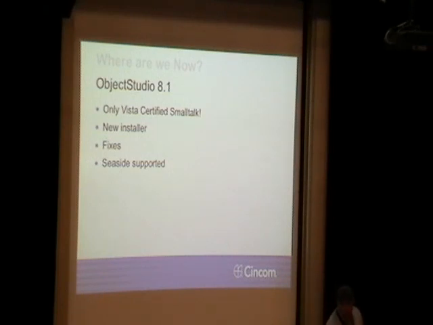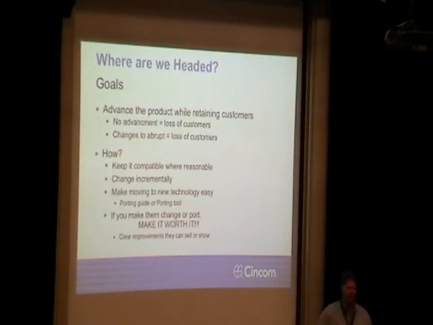Where are we headed? Well, if I back up from my position as product manager, I have to think about some of the goals of where we want to go and what we want to accomplish. One of those goals is that I want to move the product forward, but I also want to make sure that our current customers are attended to. And that means both making changes that they want and not making the changes so severe that it causes them distress.